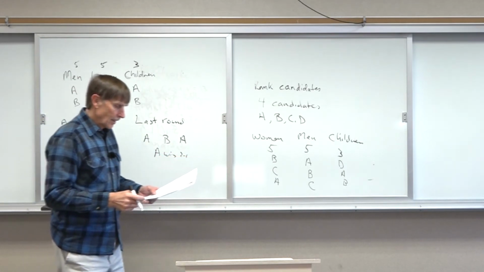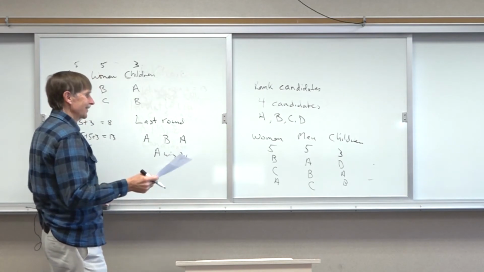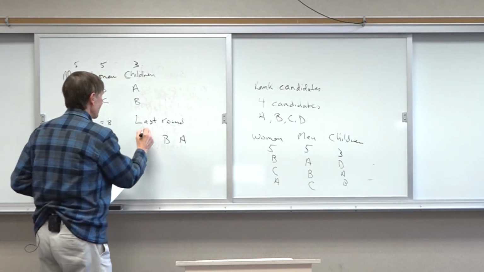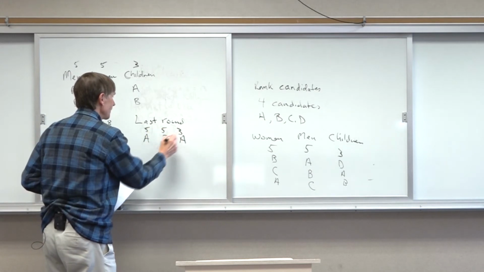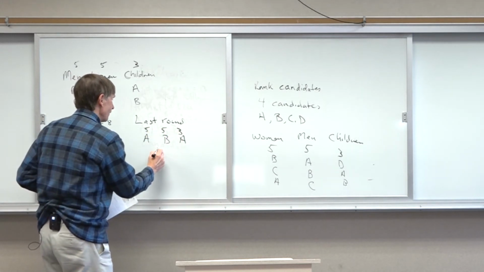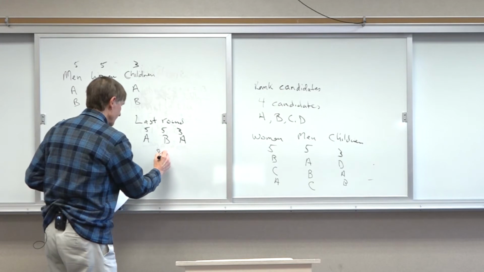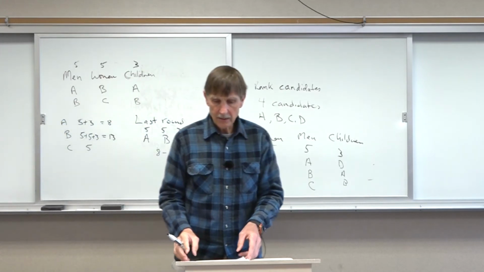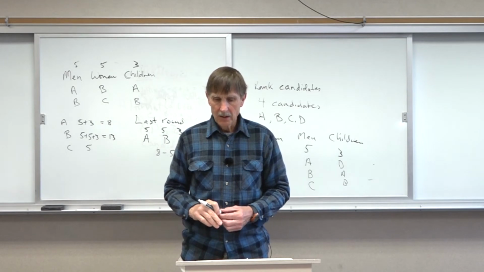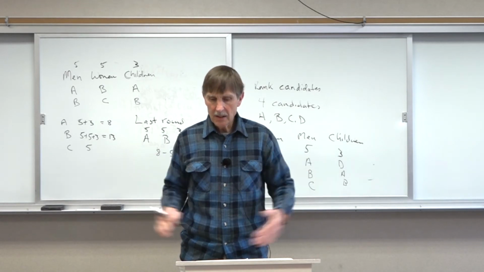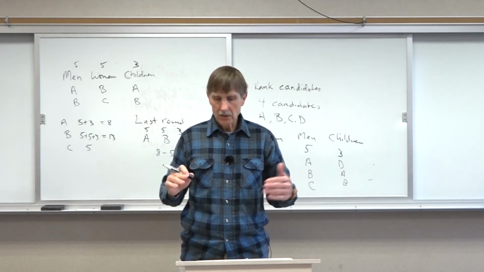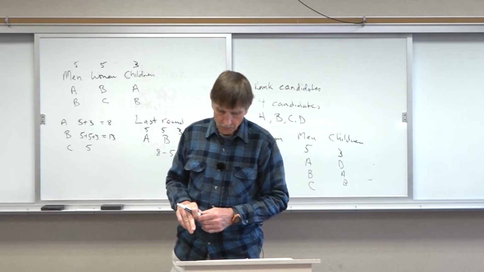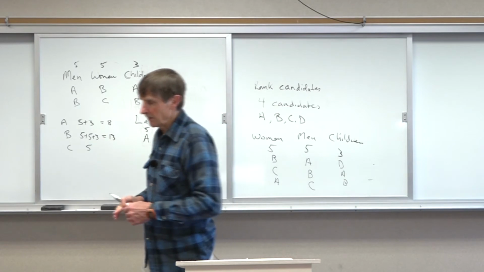Excuse me, not 2-1, because there's 5, right? So there's 5, 5, and 3. So A wins 8-5. Okay. So the deal is that you just keep eliminating candidates until you get down to the last one. Okay, so that's the exhaustive primary.